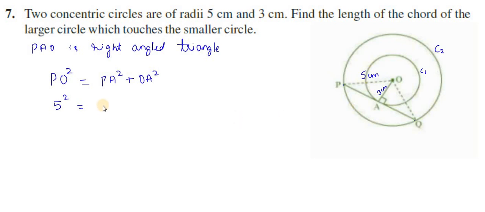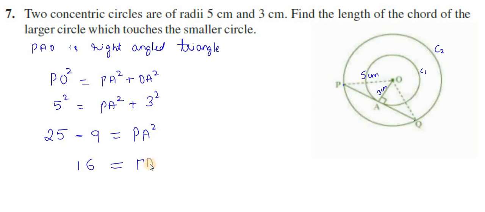PA square we need to find, plus OA square. OA is 3 square. Now simplify this: 25 minus 3 square, which is 9, equals PA square. 25 minus 9 is 16, which equals PA square.